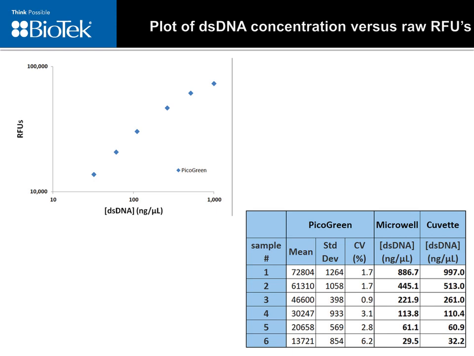You can see that we have a dynamic range of approximately 60,000 RFU in the typical working range of sample concentrations. And furthermore, we can see our CVs are quite low, ranging from 0.9% to 6%, which are indicative of good correlation between replicates.